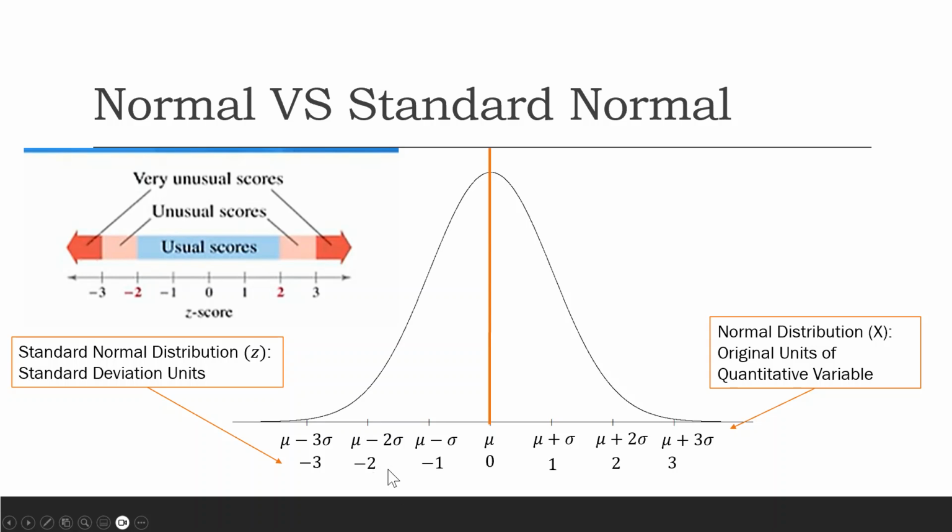Notice -2 to 2, that constitutes the middle 95% of our distribution. And so if an observation falls within -2 and 2, it constitutes the middle 95%. We're saying that middle 95% are usual observations. Anything beyond that 95%, so the 2.5% on either side, since our distribution is symmetric, those are going to be unusual or very unusual scores.